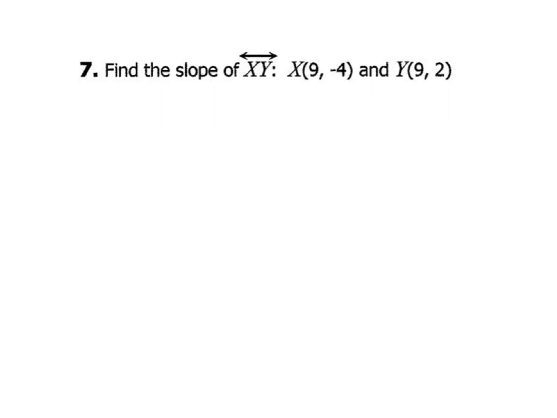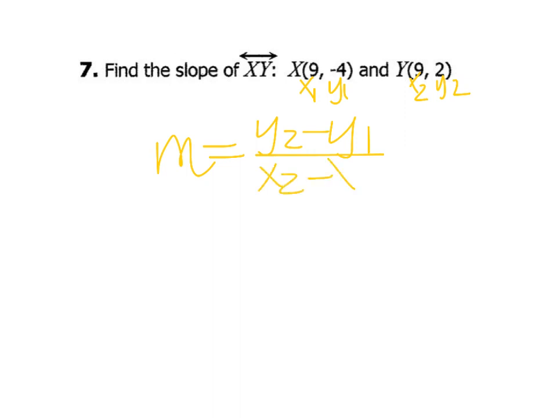All right, number 7. What we want to do first, label our points, our ordered pairs, x1, y1, x2, y2. And then we want to remember our formula. Slope equals y2 minus y1 over x2 minus x1. And then we're plugging our numbers in.